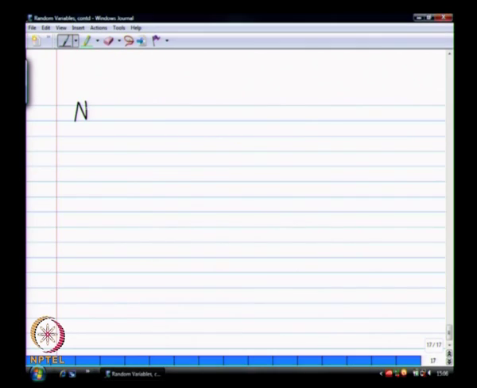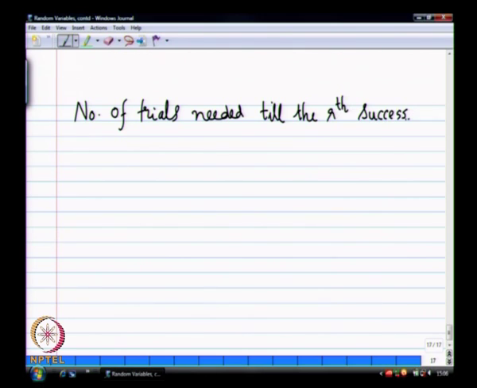So that is basically the random variable representing the number of trials needed till the rth success. So I keep repeating the trials until I get r successes, right.